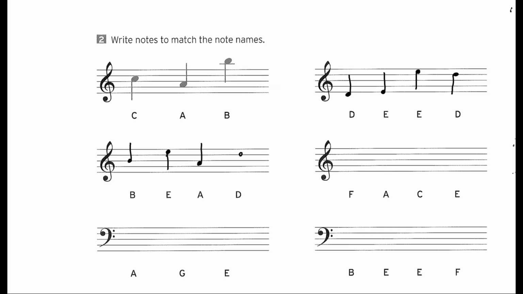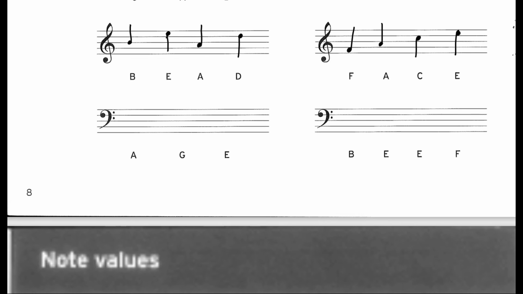D, let's do fourth line. F, let's make first space. A, second space. C, third space. E, fourth space. A, first space. G is your fourth space. E would be your third space.